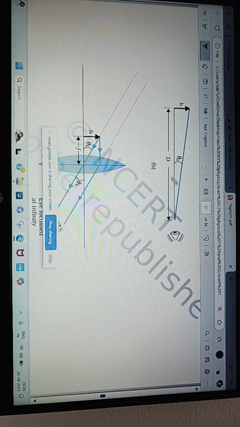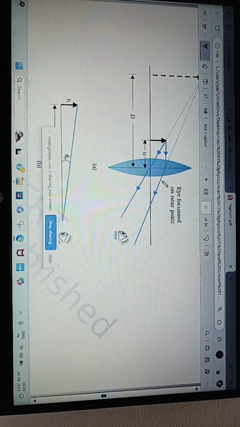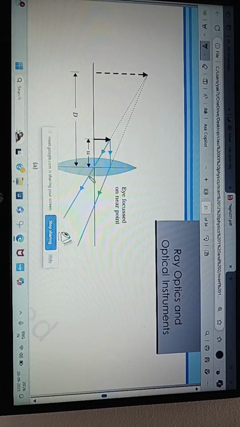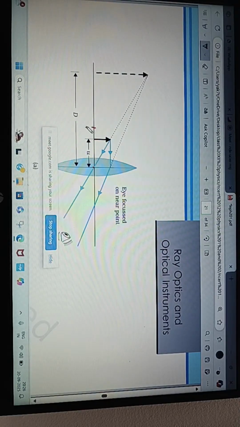See, this is one diagram. When the object is between F and O, don't say F and 2F. F is here, O is here. Yes, sir. Understood? Where is F? This is F. This is O. So where is the object? This is the object, and 2F is here. So when the object is between F and O, AB is the object.